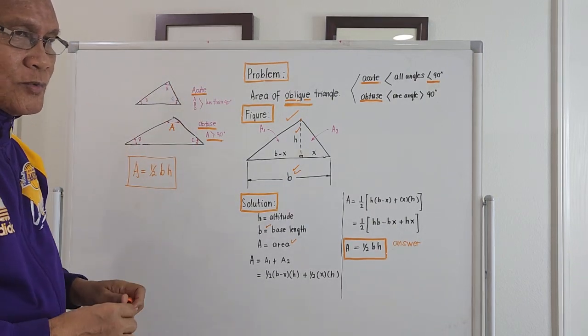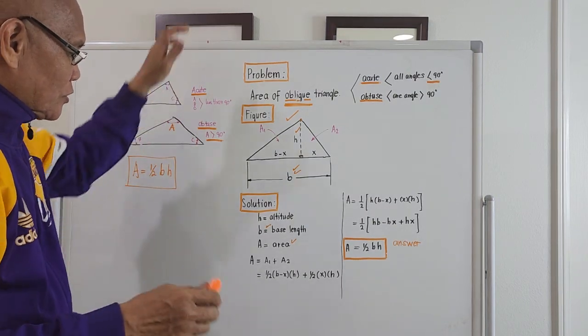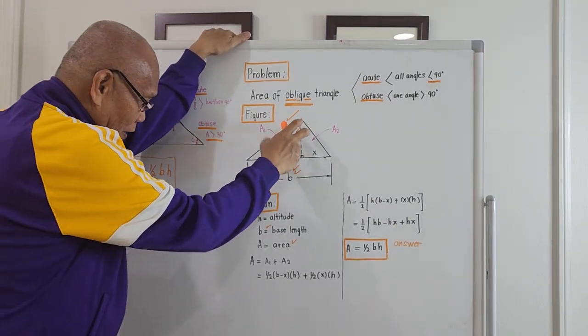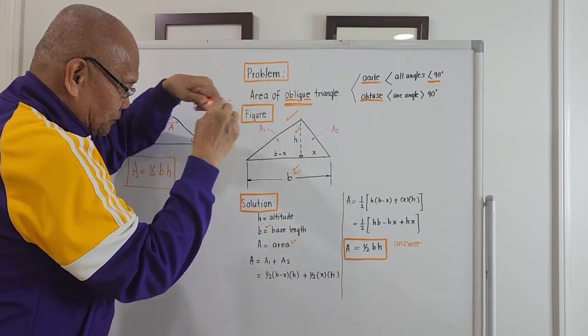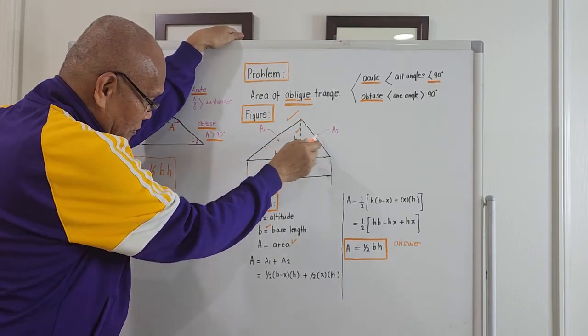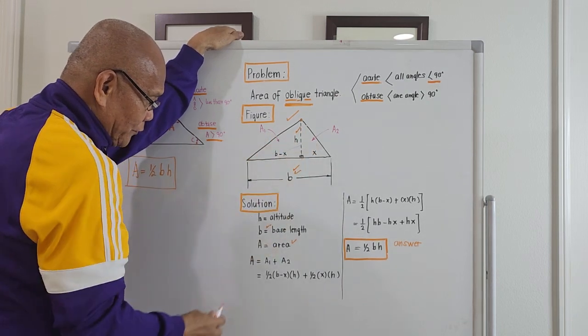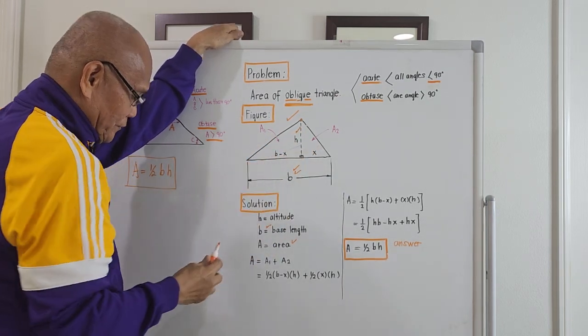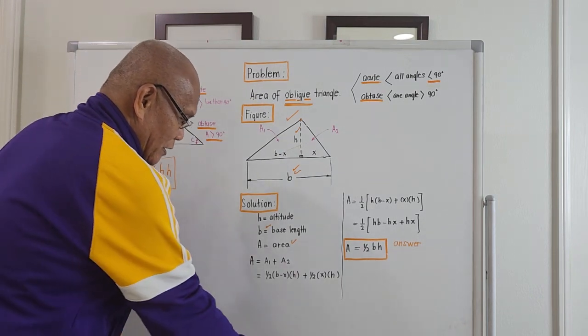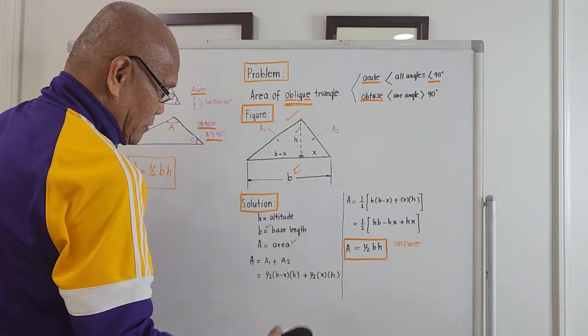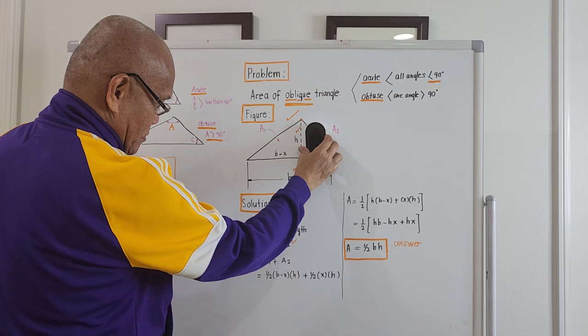Okay, let's proceed with the solution. The total area of the oblique triangle will be area 1 plus area 2. Area 1 is a right triangle, right? You cover this one.